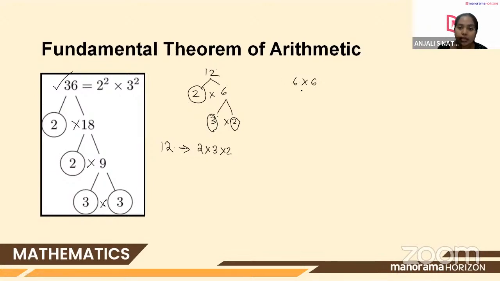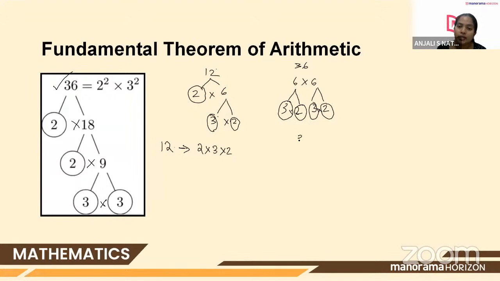Okay. So if we consider 6 into 6 as 36, 6 is not a prime number, so it is further classified as 3 into 2. And again, this 6 is also 3 into 2. So look here. 3 is a prime number, 2 is a prime number, again 3 is a prime number, 2 is a prime number.